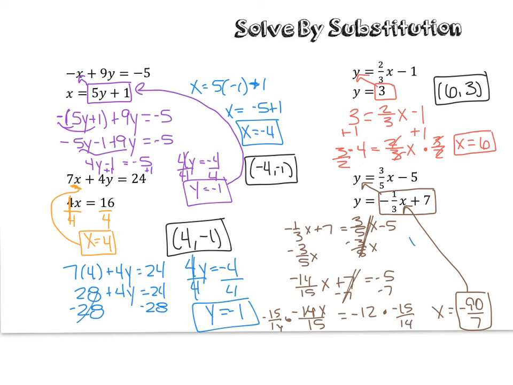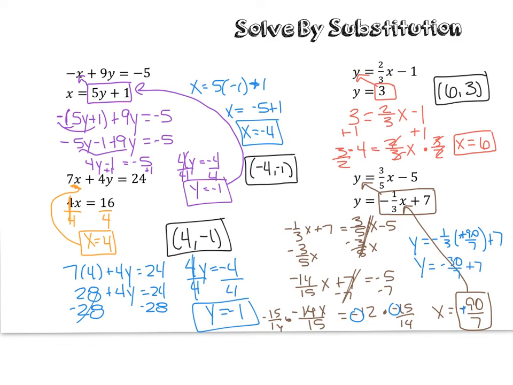So that means y equals negative 1/3 times negative 90 over 7 plus 7. So if you take negative 1/3 times negative 90 over 7, how about a positive 90 over 7? Because I missed both of my signs, so let's make that a positive. So negative 1/3 times positive 90 over 7 would be negative 30 over 7 plus 7.